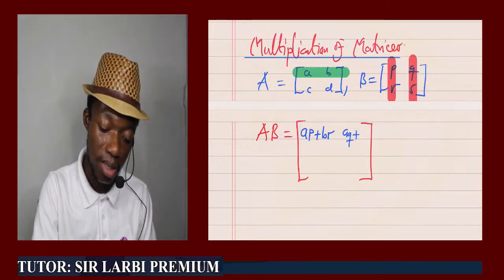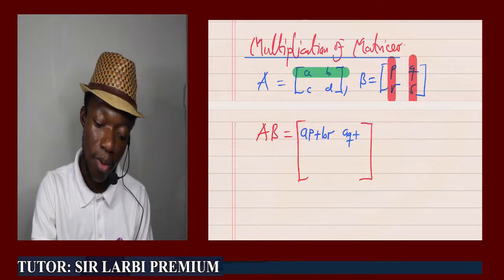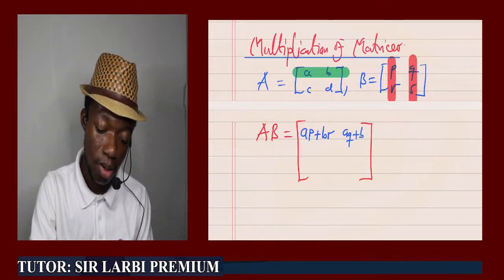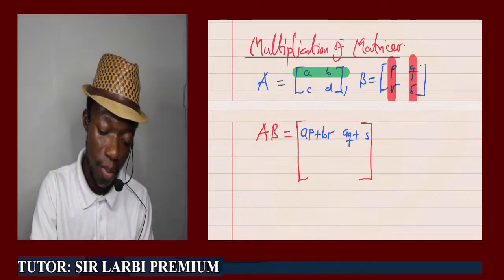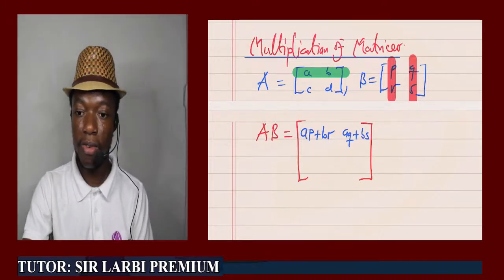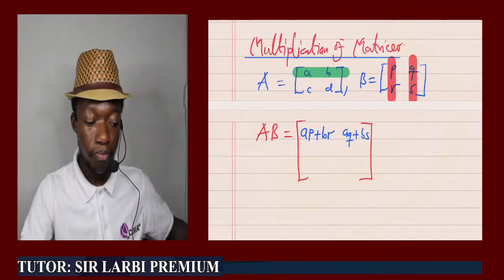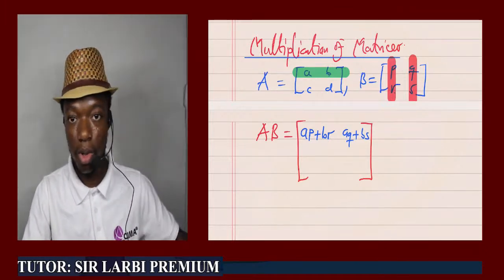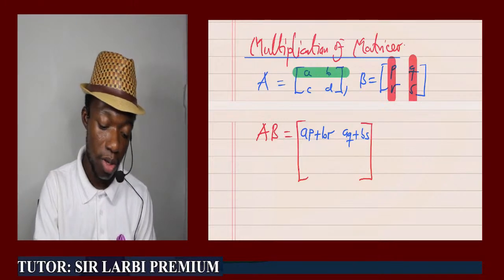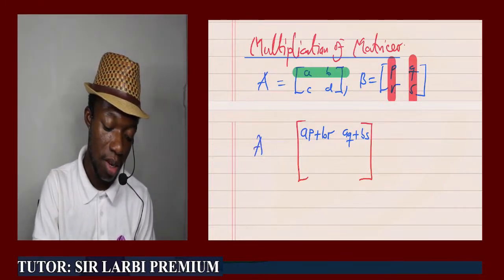Then we say plus, then we have B multiply X, so we get BX. That would define our first row for the result matrix, which is the multiplication of A and B.